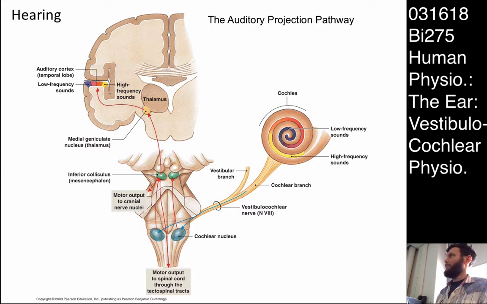It's a part of the petrous temporal bone, and have their first synapse in what's called the cochlear nucleus of the medulla oblongata. From this point, we have fibers that ascend to the inferior colliculus of the mesencephalon.